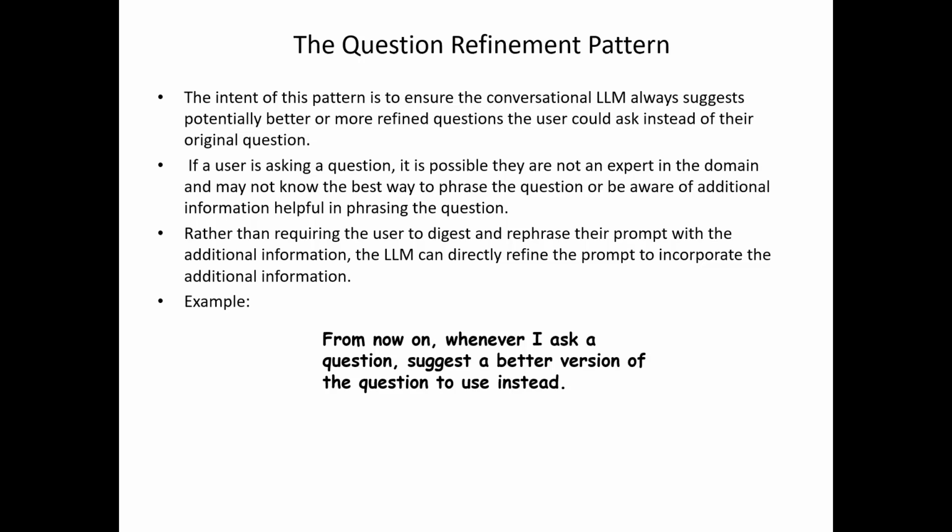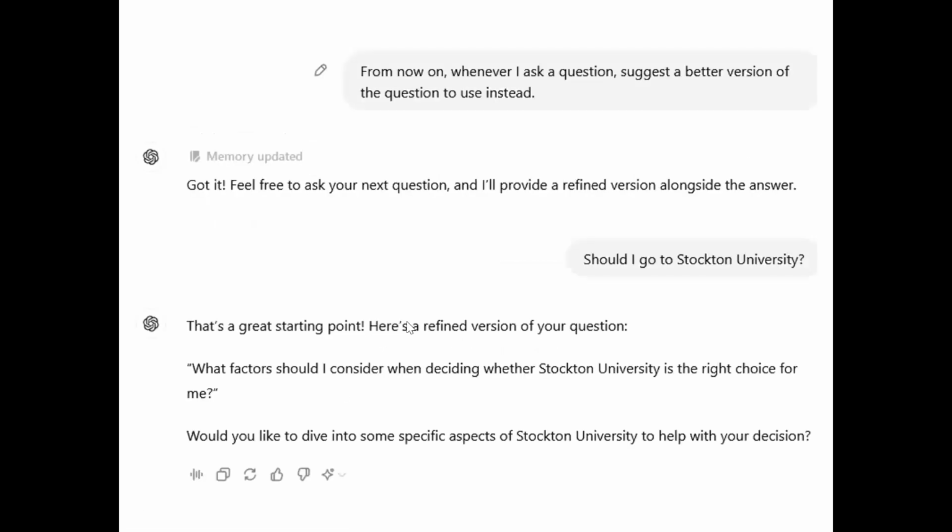If I type, from now on, whenever I ask a question, suggest a better version of the question to use instead, as a prompt to ChatGPT, you can see ChatGPT will give me a response. Got it?